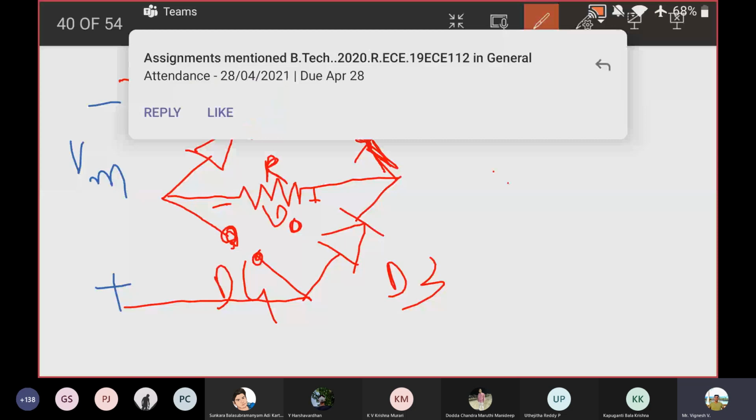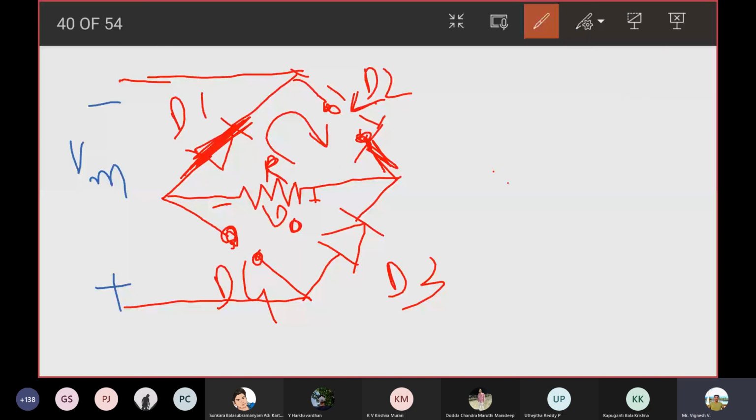So if you are going to look at the KVL, which loop, you can take either the upper loop or the lower loop. If I take the upper loop and consider this as a short circuit because it is forward biased, right? Can you tell me what is your output voltage? It will look like minus V naught plus V equals 0, right?